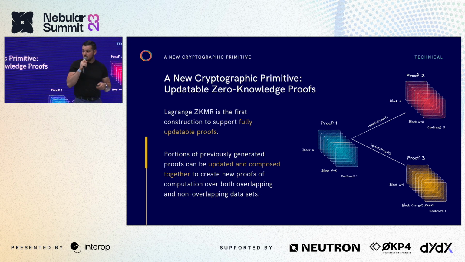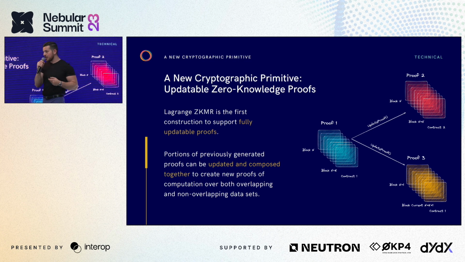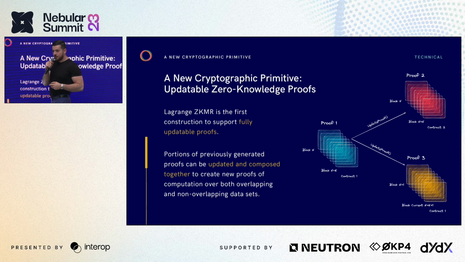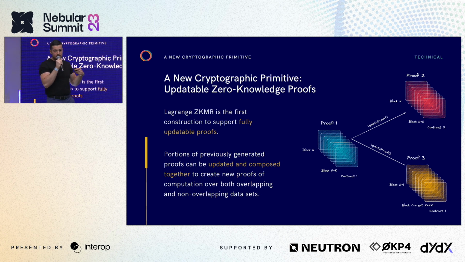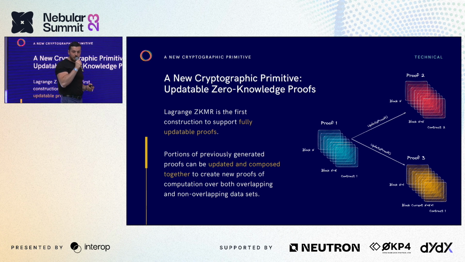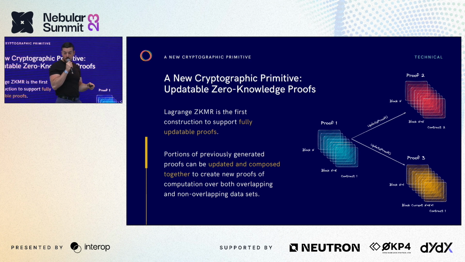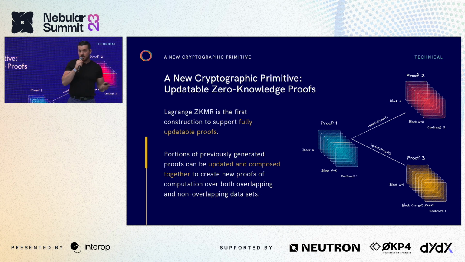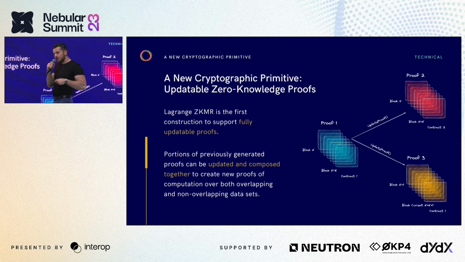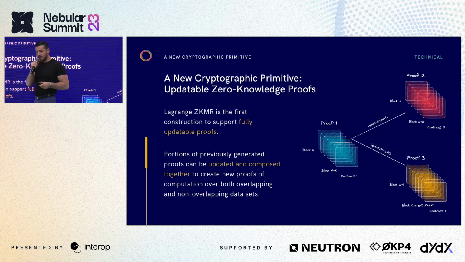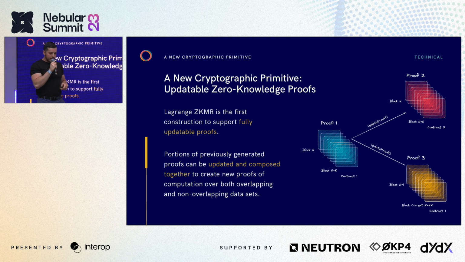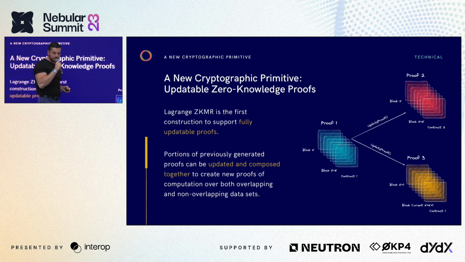And what this means is on the marginal run, we can substantially reduce the time it takes to generate a new proof. So if you want to do volatility over block n to n plus k, and then now you want to do it from n plus 1 to n plus k plus 1, you can do so without incurring an entire rerun of the overall proof generation. So you can have very fast updates of your proofs without requiring incredible amounts of duplicate computation.